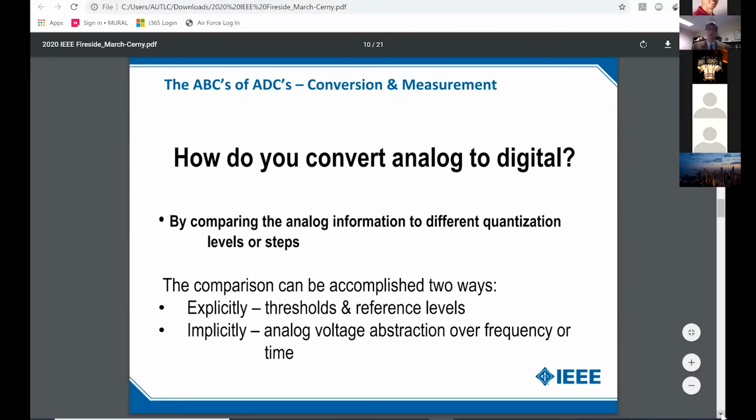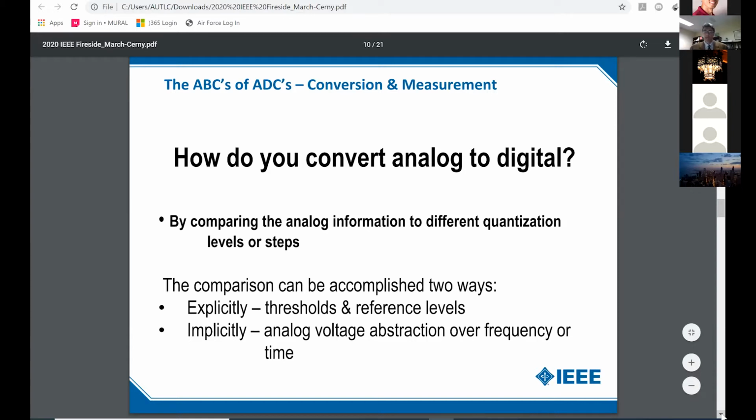All right, and now we move from why to how to convert from analog to digital. And as you continue to keep in mind the idea of the stair step, breaking up something like a hill or a slope, you begin to do that comparison. And if you can do it evenly and uniformly, then you begin to build a certain number of quantization steps or levels.